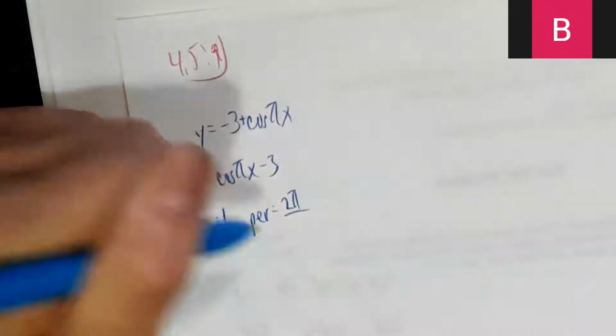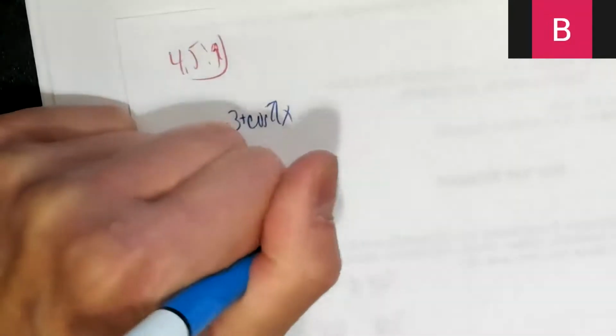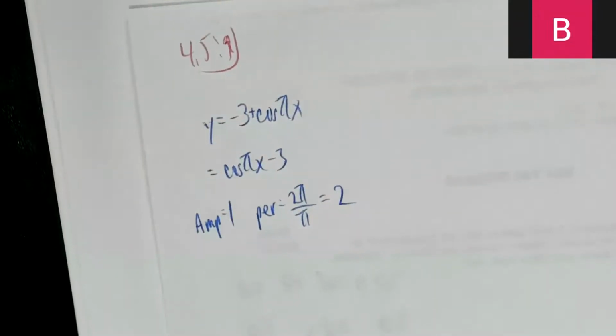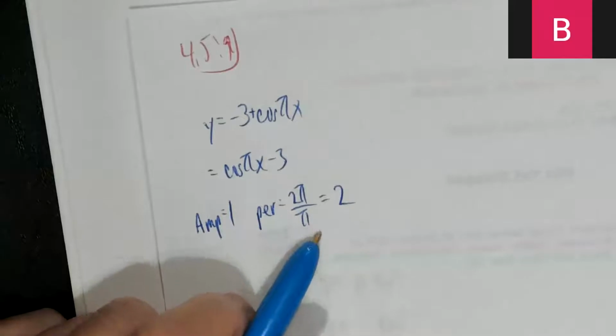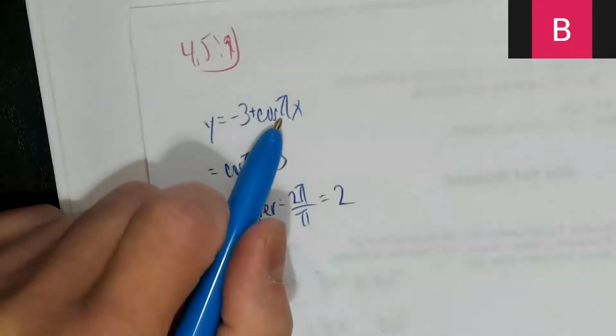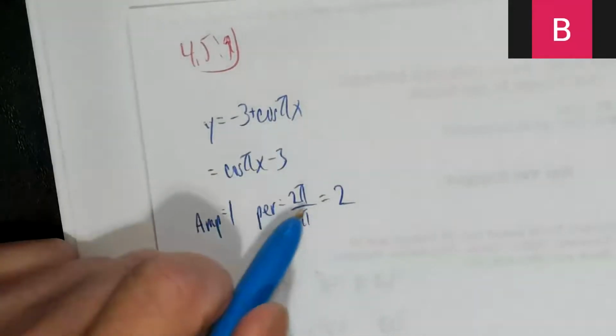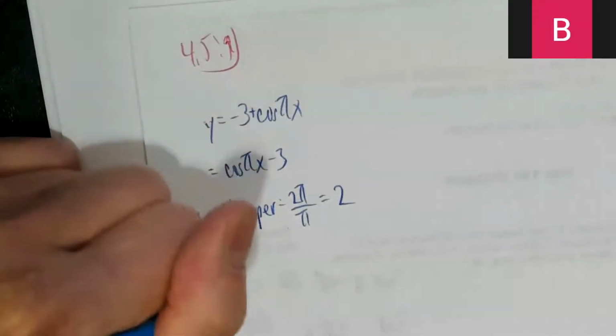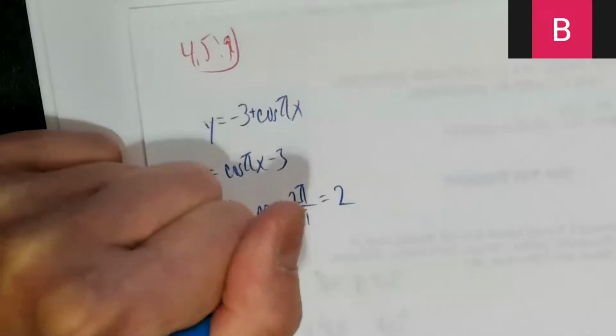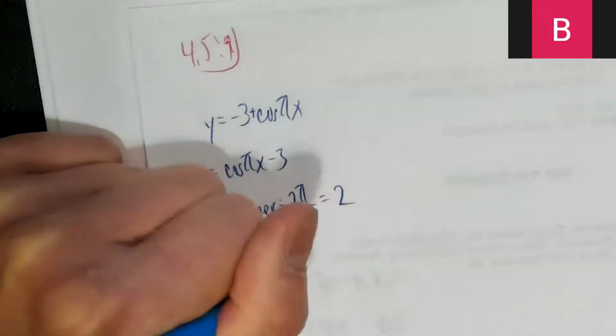The period is 2 pi divided by b. 2 pi divided by pi is 2. That's nice. By the way, that's a common theme: to get nice numbers without the pi, the b involves a pi like this, and you just get nice numbers like 1, 2, 3, 4. And I have a shift of 3 down.